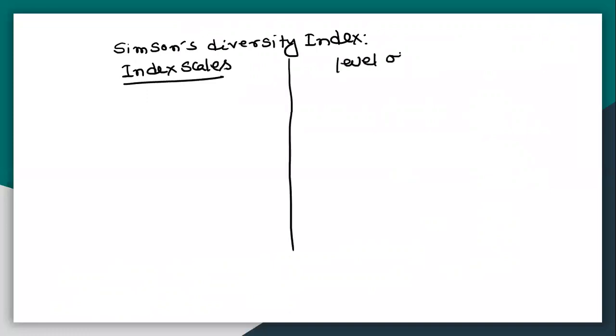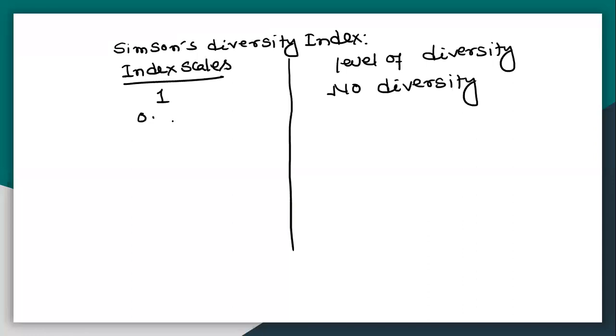If the Simpson's diversity index value is 1, that means no diversity. 0.9 means extremely low biodiversity.